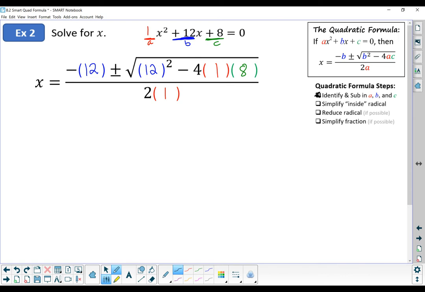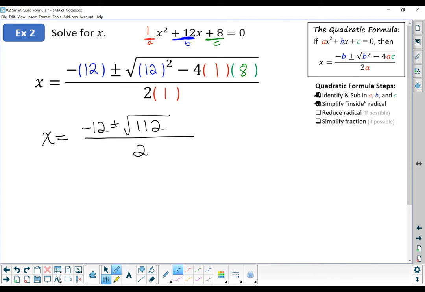We're ready to figure out what that number inside of our radical is. So we've got 12 squared minus 4 times 1 times 8, and that is 112. So our equation looks like we've got a negative 12, we've got a 2 on the bottom, plus or minus, and that number inside of our radical is a 112.